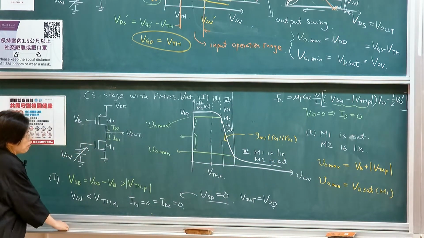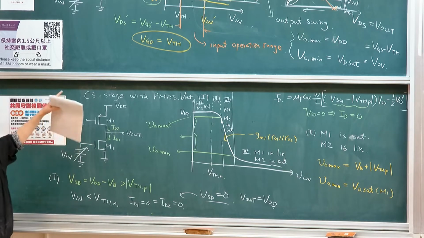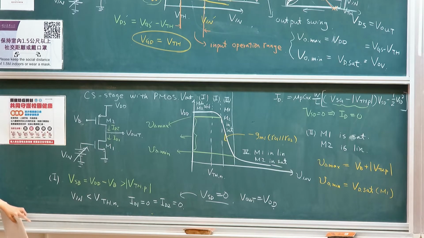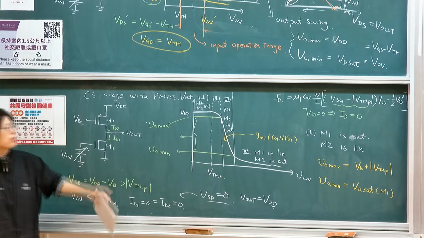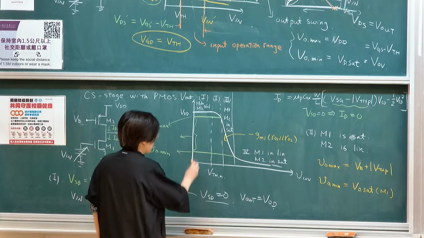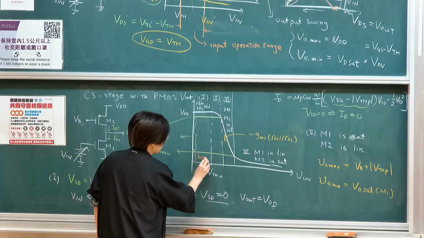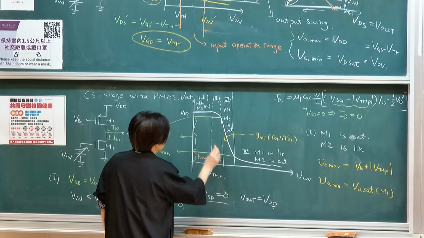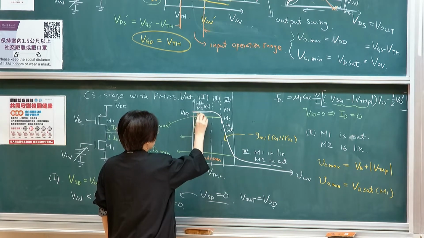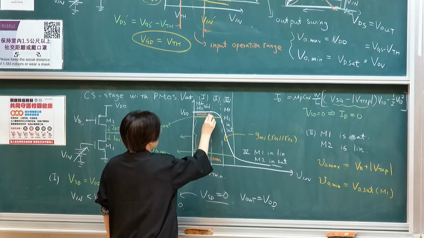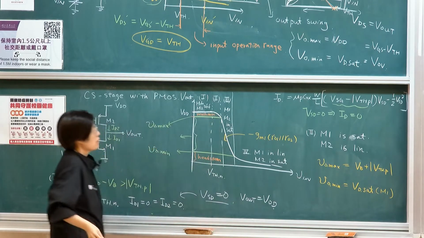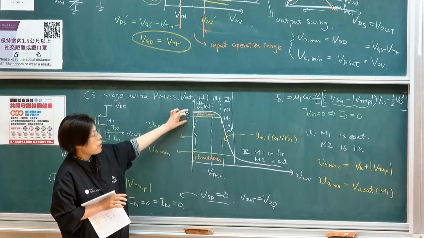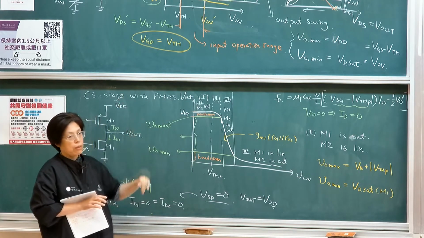Okay? So compared to that, you actually have two boundaries. There's a headroom on the right and a headroom on the left. So this is typically referred to as the headroom, meaning that you need to give some margin for your head before you hit your head. So you need to keep some headroom on the bottom and some headroom on the top.